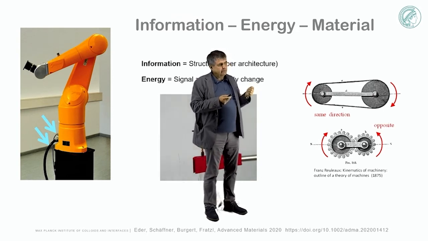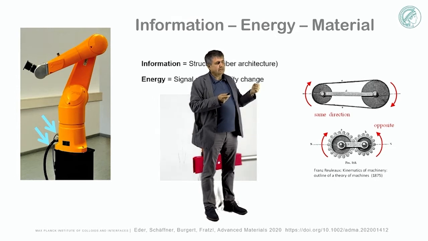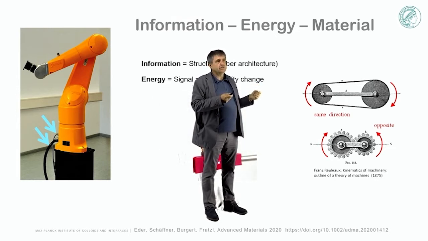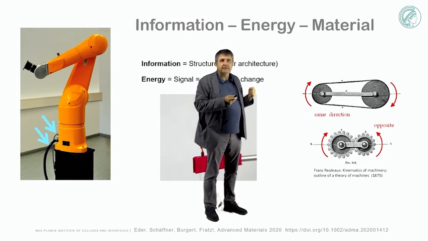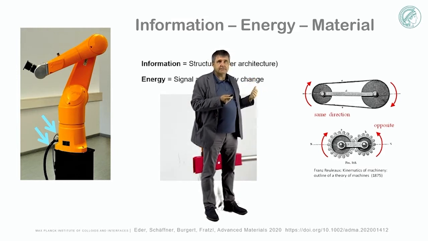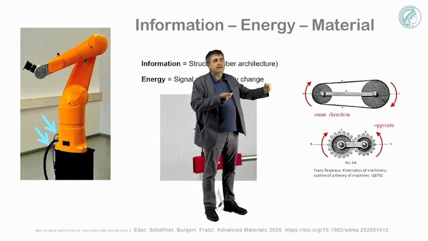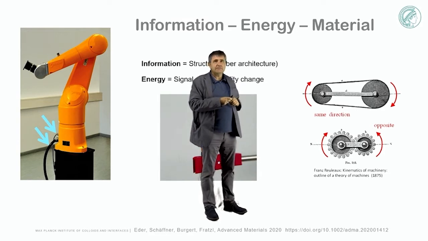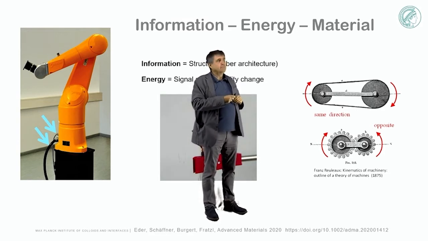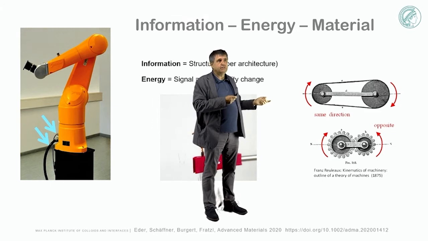If you ask the question, how does the wheel on the left know in which direction to turn, knowing that the wheel on the right turns clockwise, then this information is not transmitted through a sensor, a computer, and some cables. It is transmitted directly by the geometric arrangement between the two wheels.